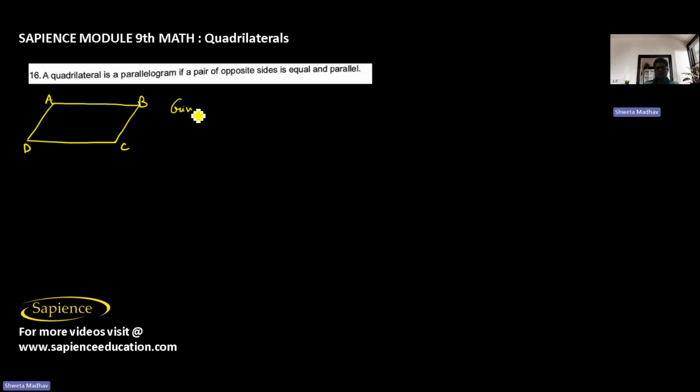So suppose it is given that in quadrilateral ABCD, AB is parallel to CD and AB is equal to CD, which means that this one pair of opposite sides is equal and parallel.